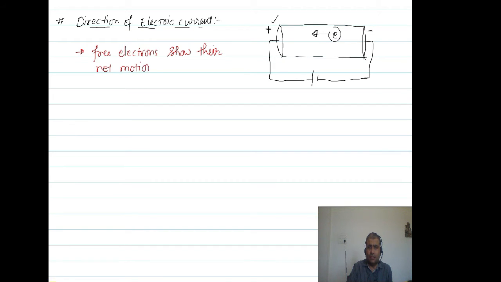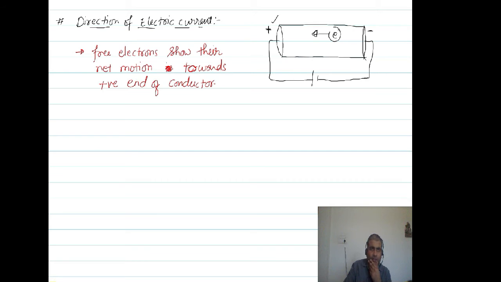Try to understand why I am calling it net motion. This picture had already been cleared in the last class. So their net motion is towards the positive end of the conductor. Fine.